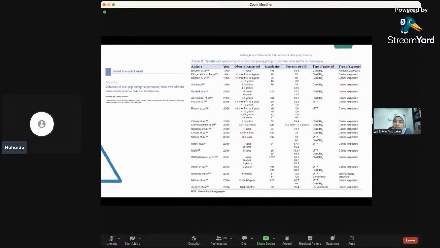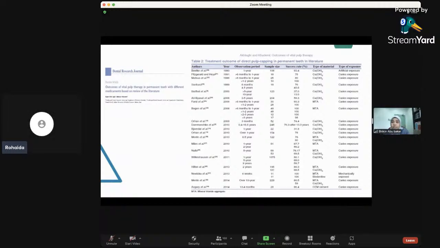Towards the longer follow-up, you see the success rate is reduced. But we have to read this result carefully, because sometimes with more years of review, the patient might not turn up, making the success rate percentage reduced.